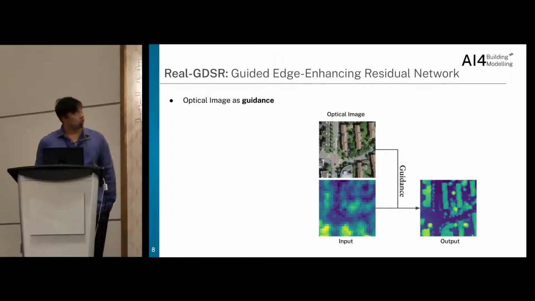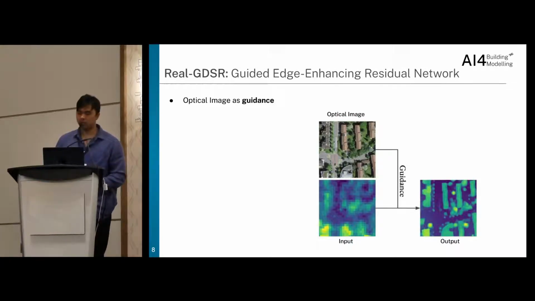So our idea is to use a different modality of the same urban areas as additional information and add it as guidance in the learning process. In this case, we use the optical image of an area to super resolve the low resolution DSMs.